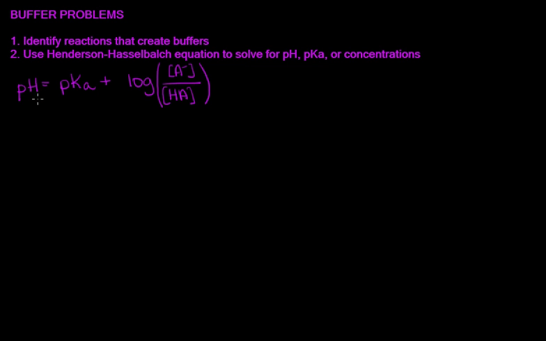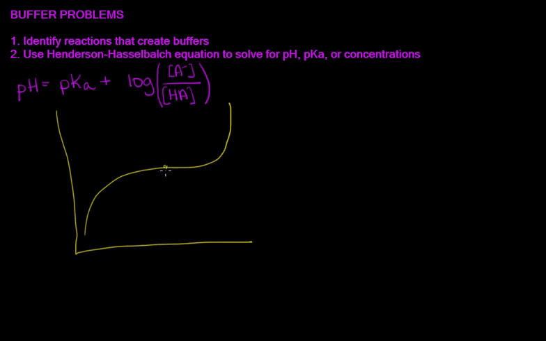And just to remind you what this looks like, we have the equation written here. It's pH equals the pKa plus the log of the concentration of the conjugate base over the concentration of the acid. What this really means is that we have our titration curve, and it will look something like this.